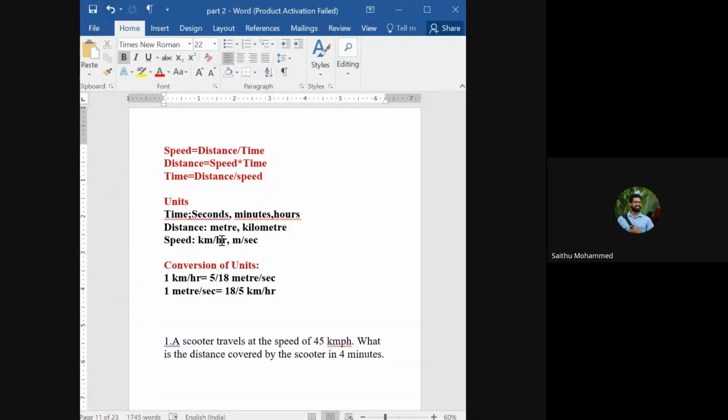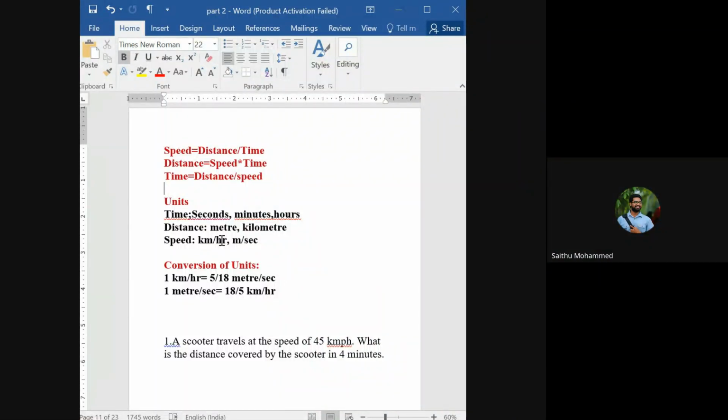The one main concept that you have to remember is that you have to go with the minimum unit which has been given. Minimum means the smallest unit provided. For example, if it is in kilometer per hour, and the time is given in meter per second, you have to convert that kilometer per hour into meter per second.